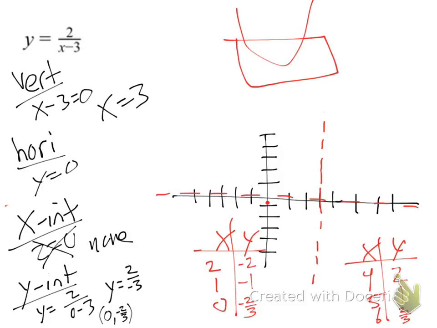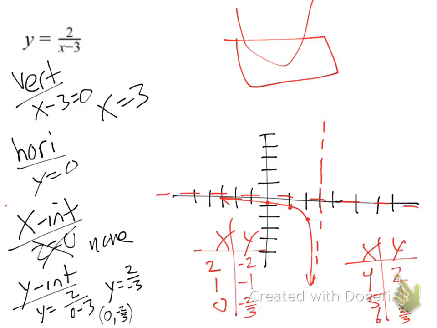And I can plot my points. 2, -2. 1, -1. Oops, wrong place. Should be there. So I hope everybody agrees that my graph will be in the bottom left-hand corner for one side.